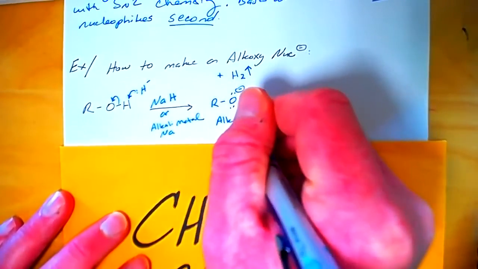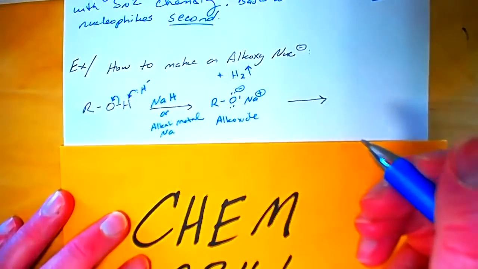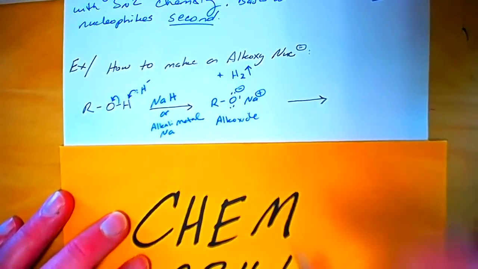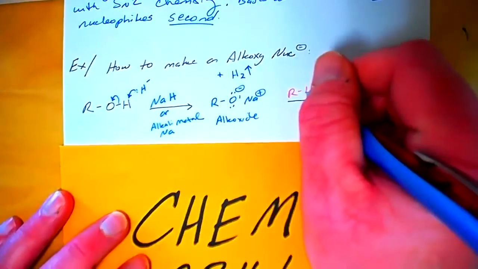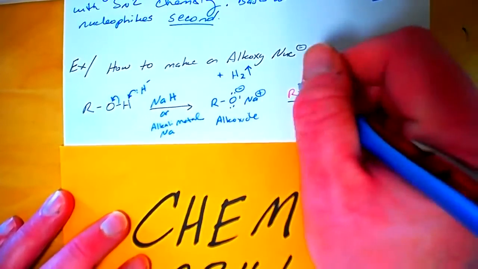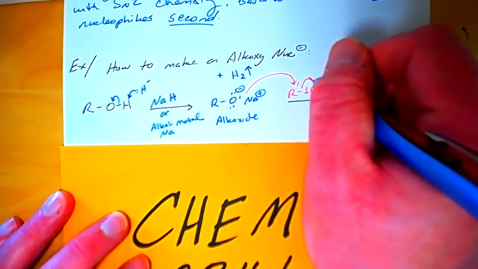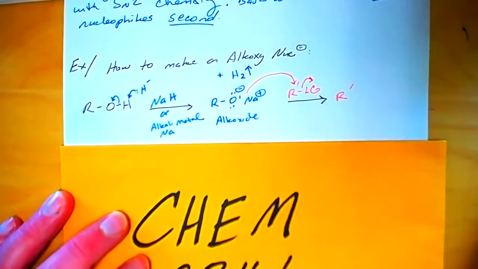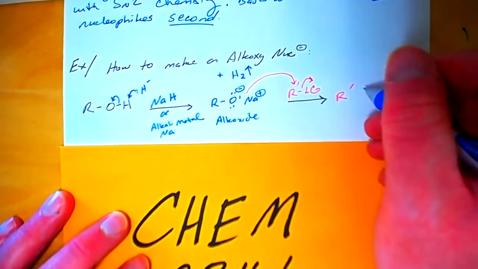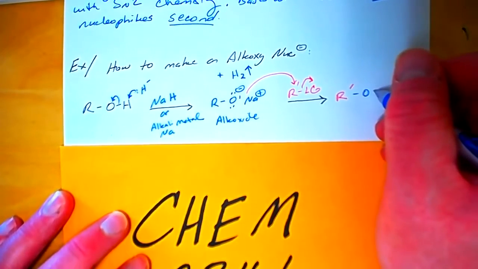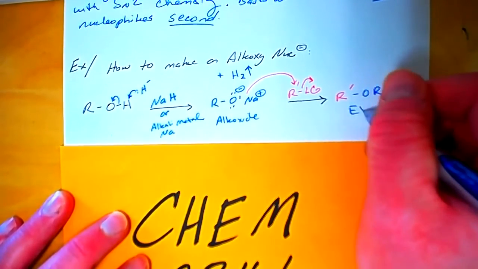So you have now your alkoxide, which you could then potentially treat with your compound that has a good leaving group on it, and get that to do an SN2 reaction, giving you the corresponding ether.